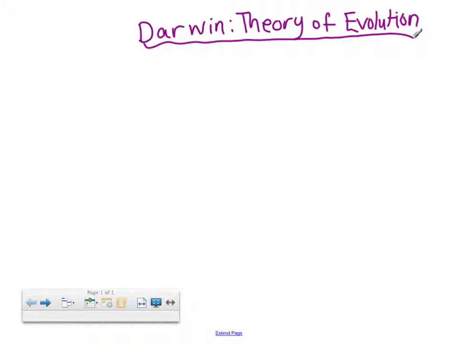But on the left side, we're going to document who Darwin is and some information about what he had to tell us. So Darwin. His first name is Charles, in case you want to put that there. He is a British naturalist.